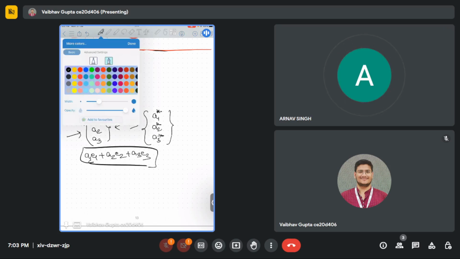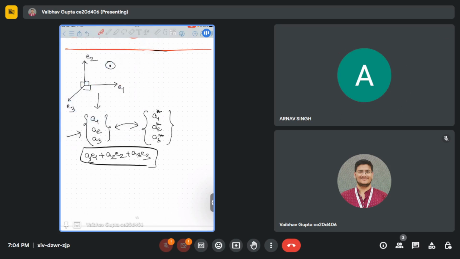What if the other person says no, I won't follow this Cartesian system, I will follow this other Cartesian system, with e1 star, which is at some angle theta, e2 star, and the same for e3 star. Now he will use this system and get the position vector as a1 star, a2 star and a3 star.